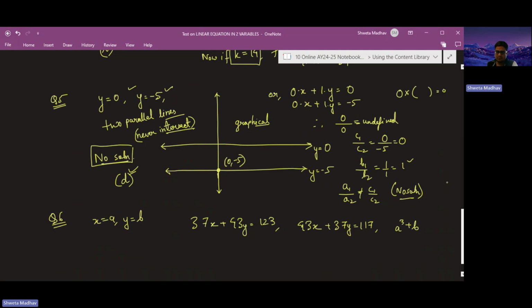Then a cube plus b cube value will be equal to how much? That we have to find out. So now, if we add them, here we can add these two equations since the coefficients of x and y have been interchanged.